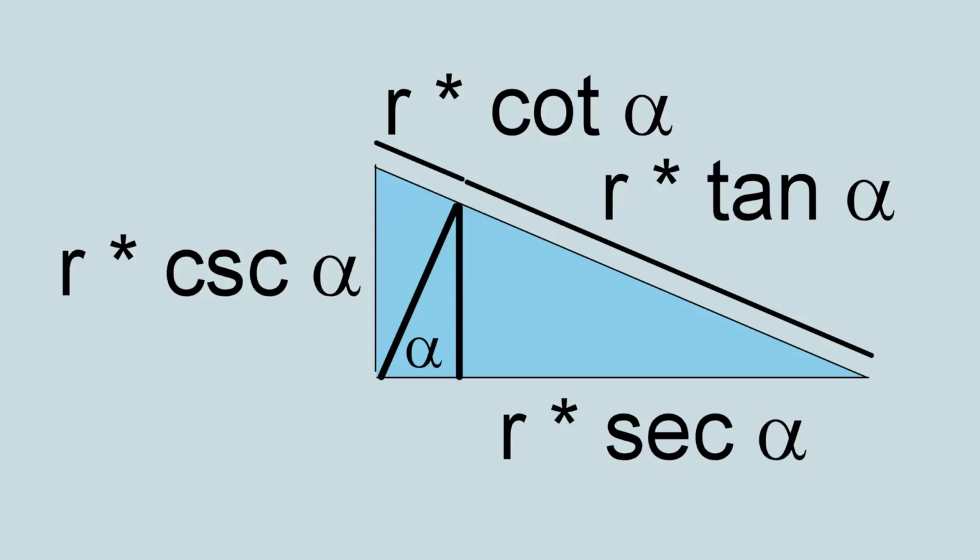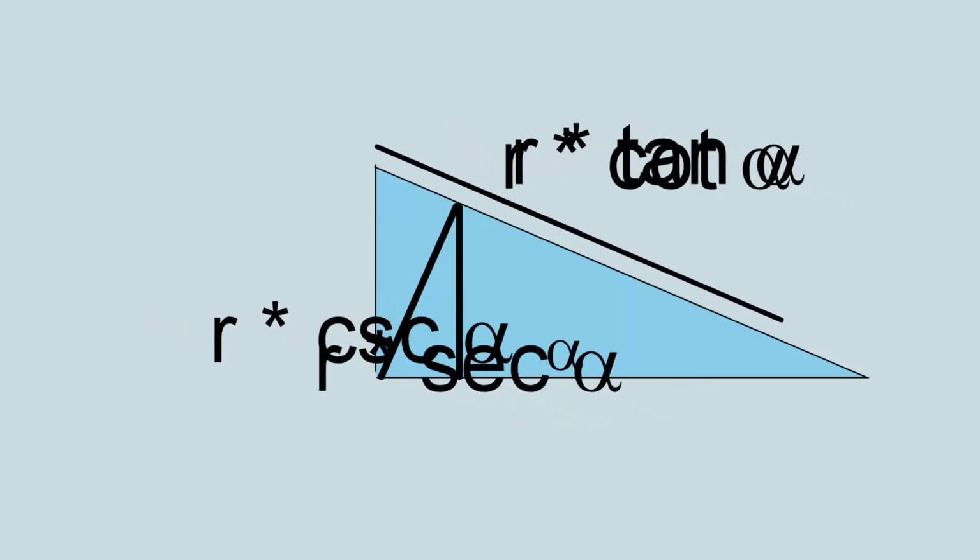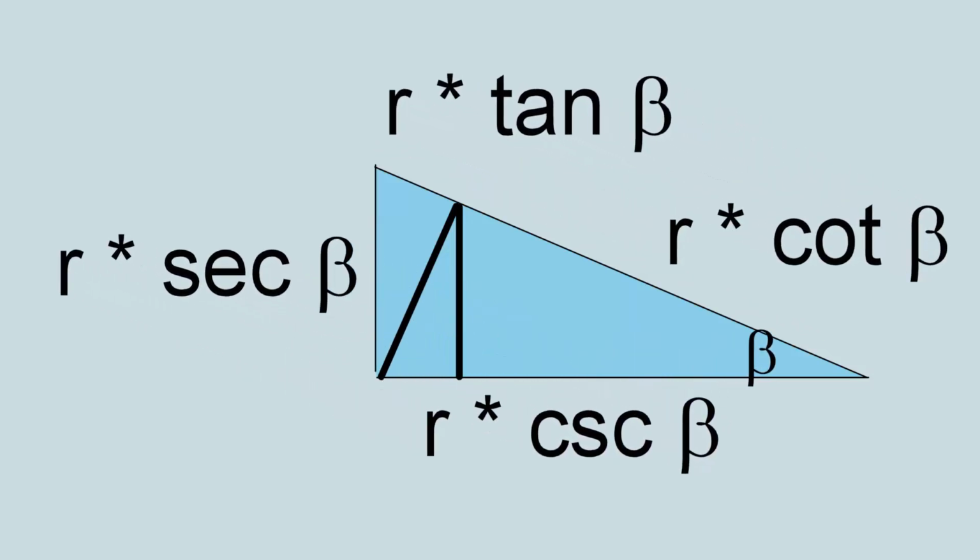However, it will actually be a little easier to work with and remember our formula if we choose to use beta instead. Now, because beta is a complementary angle to alpha, trigonometrically we'll be using the reverse of all of these functions. So instead of using alpha, we use beta, and then the lengths of each of these legs of our triangle are as you see here.